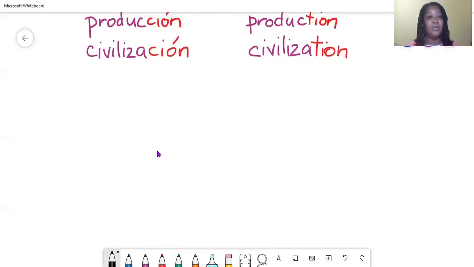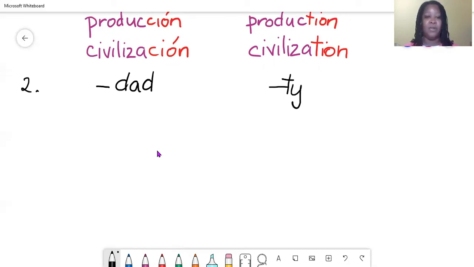Another category, category 2, that we can use in terms of the clues for the direct cognates, is we're going to be having Spanish that ends with, I'm looking down at my notes here just to make sure I don't lead you astray, DAD, which is equivalent to the English ending TY.